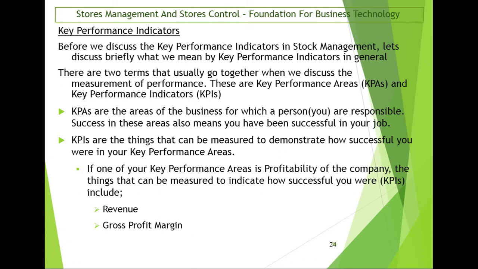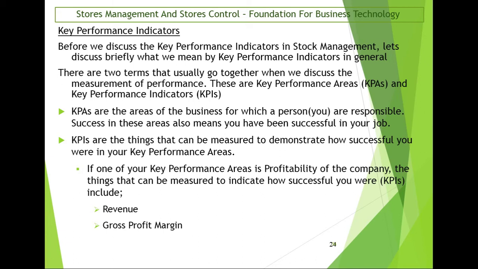When we talk about performance management in the workplace, as we evaluate individuals in their job positions, there are two terms that usually go together. These are KPAs, which are key performance areas, as well as KPIs, which are the key performance indicators.